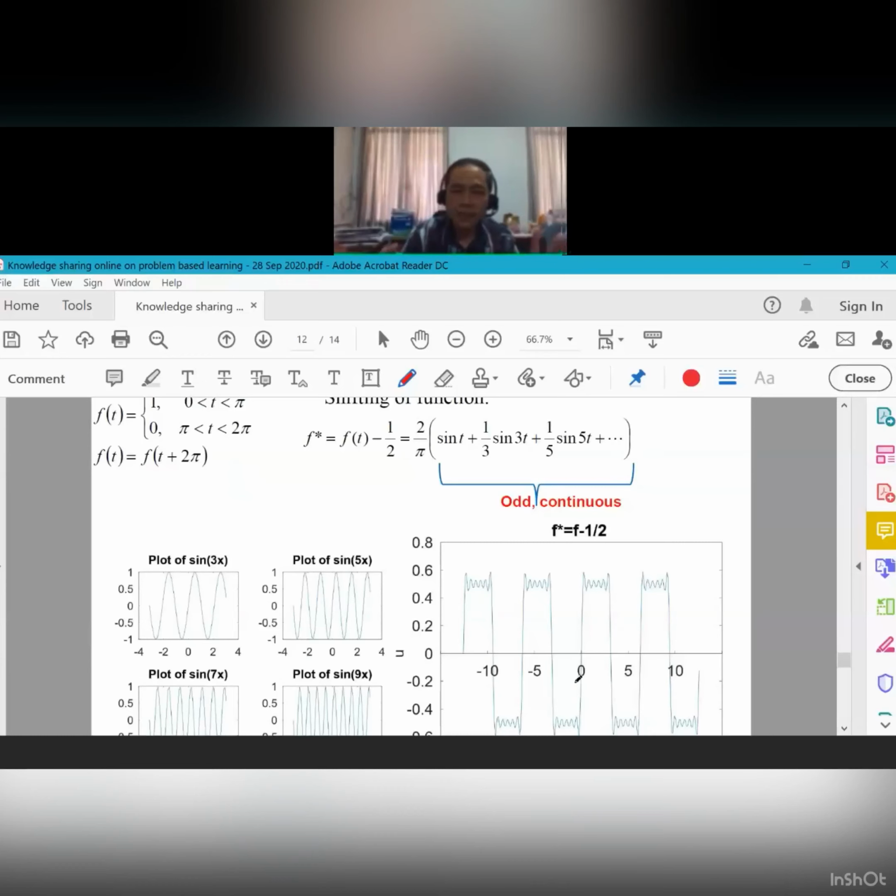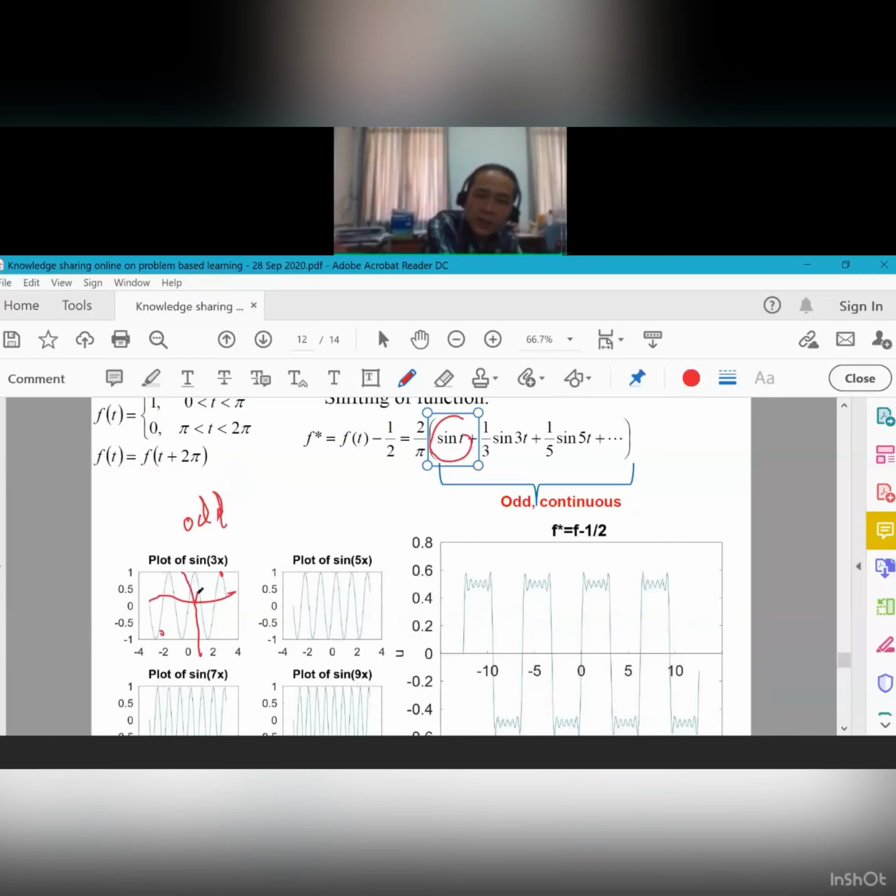When I teach, especially in this part, I spend quite a long time because we try to emphasize some basic concepts to them. For example, what is this sine? This is a graph of sine. So it's an odd function. What is an odd function? It reflects through the origin, which means this point will reflect to here through this origin.